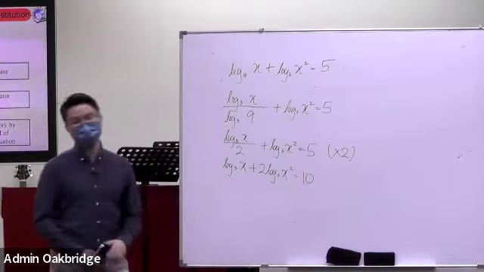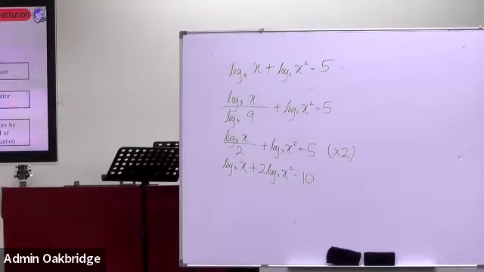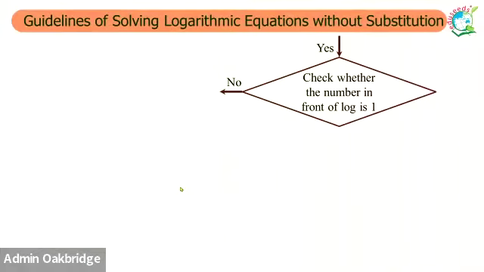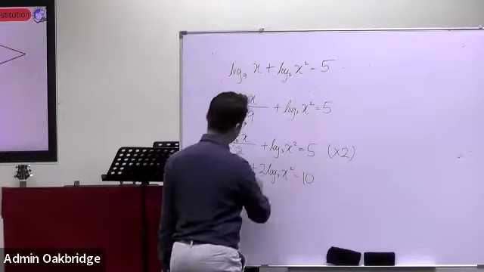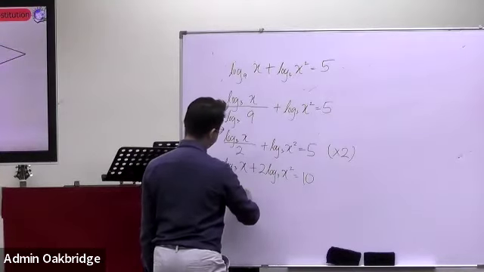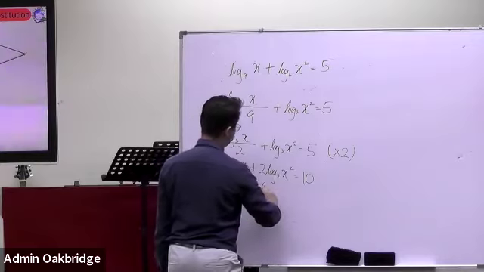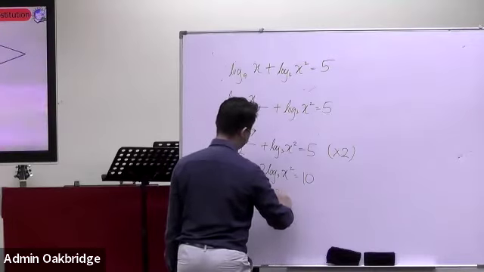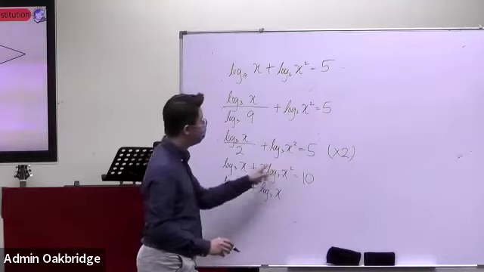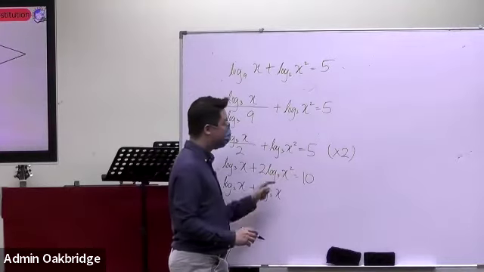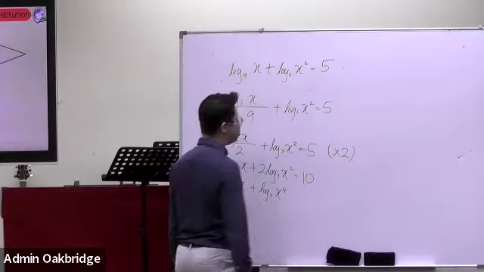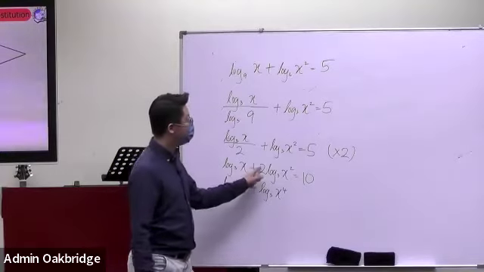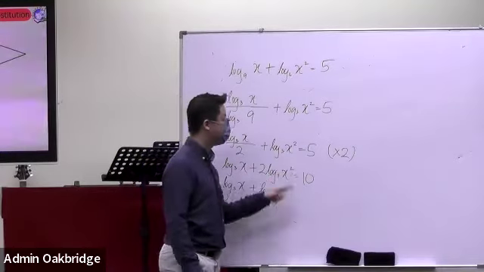So what should we do with this 2? You should move the number to the back and make it become a power. Originally it has the power 2, so 2 times 2, you get 4.